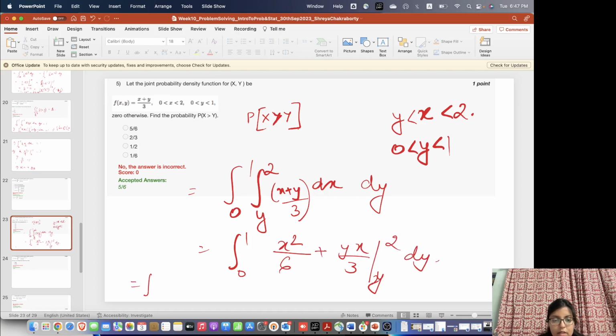So this would be 0 to 1, 2 square by 3, that is 4 by 6, plus 2y by 3 minus y square by 6 minus y square by 3 dy.